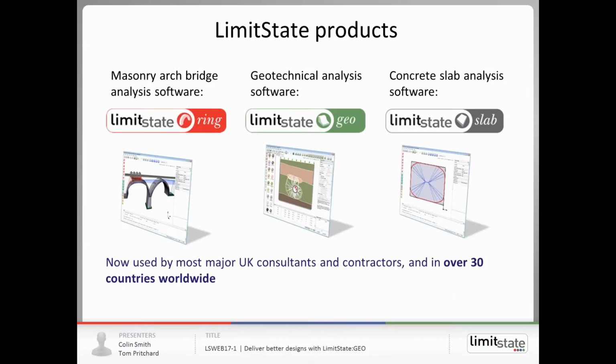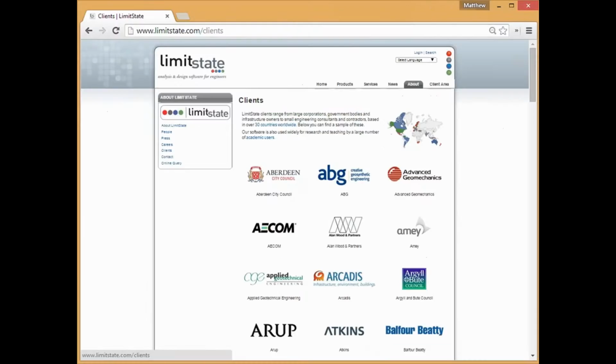And we get similar flexibility in our other products, so we have LimitState Ring for solving masonry bridge analysis problems, LimitState Slab for concrete slab analysis. And these products are used across the world by a wide range of companies, large and small.